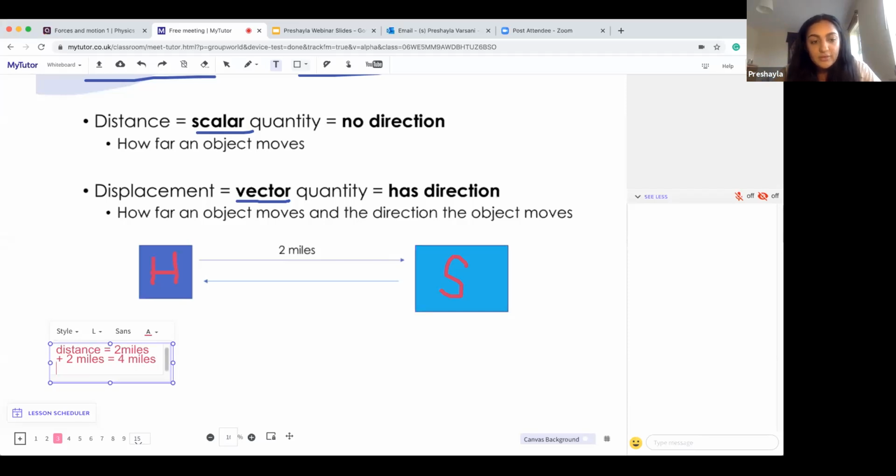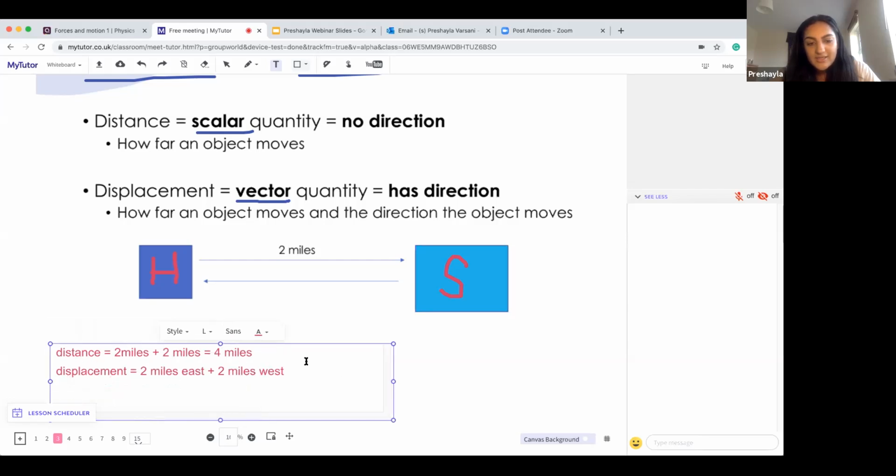Displacement, however, tells us the direction. So to go from your house to school is 2 miles east. But to go from your school to house is 2 miles west. Now, what's really special about this is that because you've gone 2 miles east and then you've come back 2 miles west, your displacement is actually 0, okay?